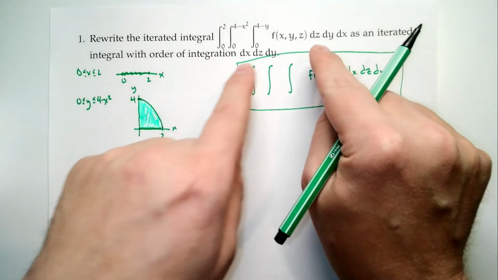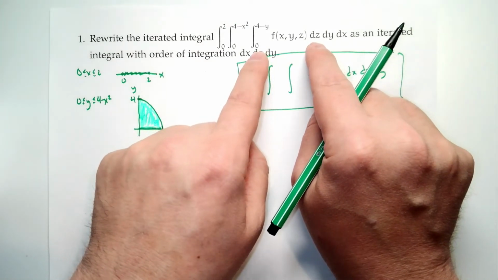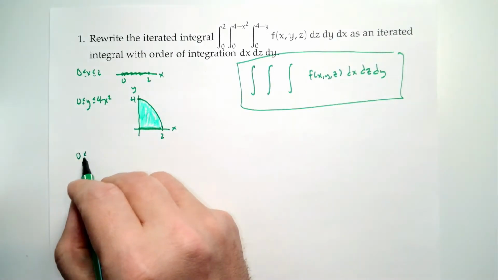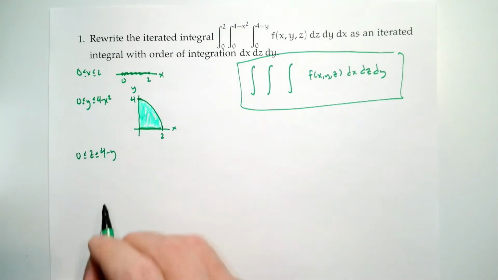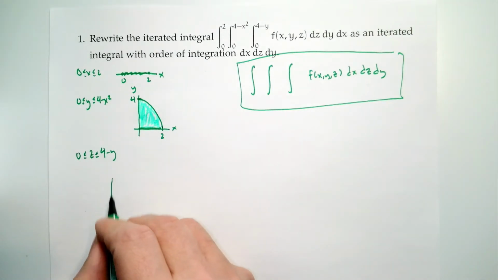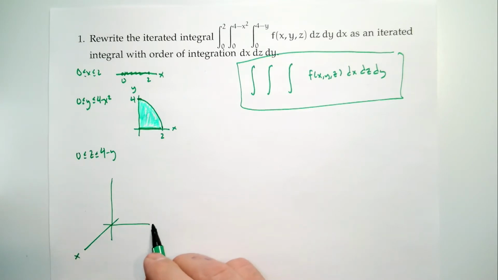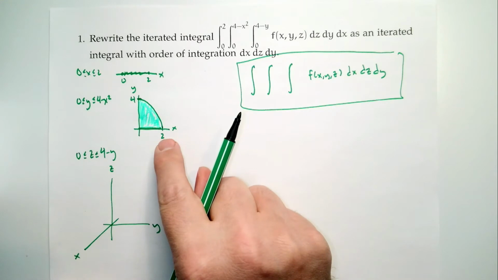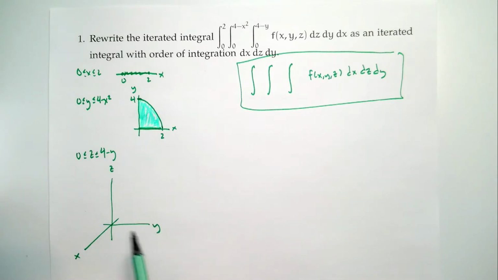Okay, last level. Our final layer of our onion, that is our integral problem. z, well, that goes from 0 up to 4 minus y. So let's figure out what's happening here. So we have our x, y, z. And now we can get a good understanding of what's happening, because this picture here, I'm going to sketch it down here.